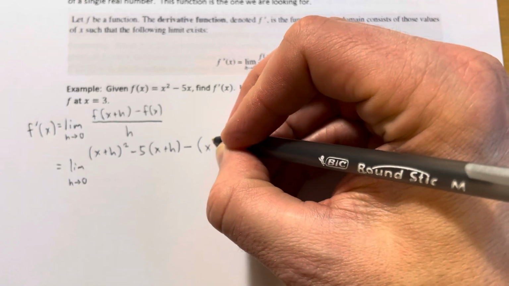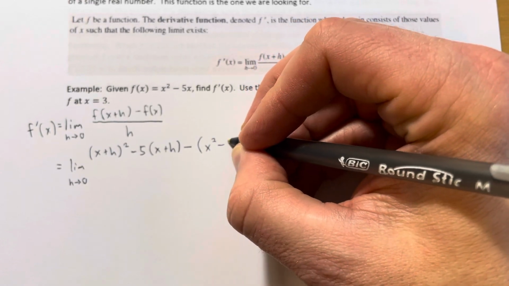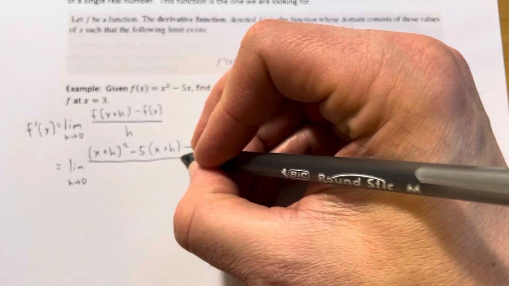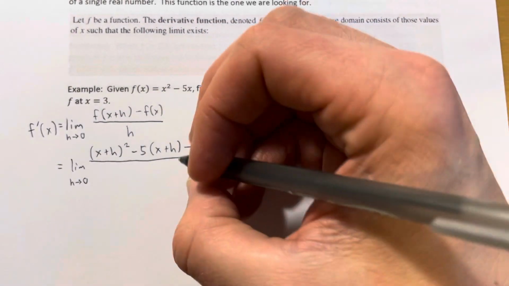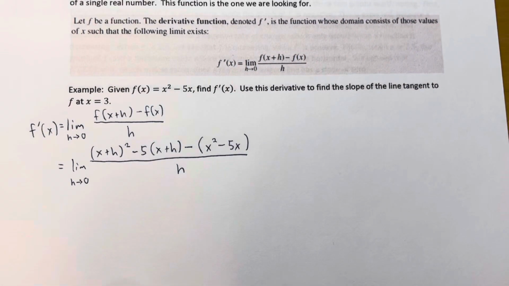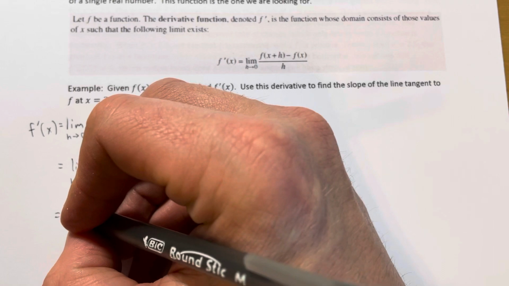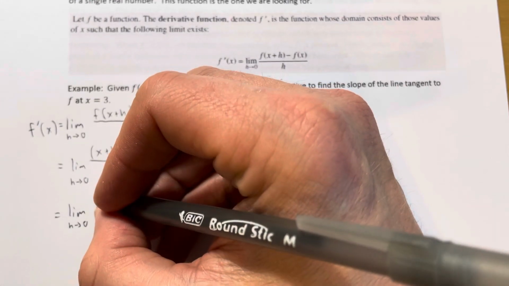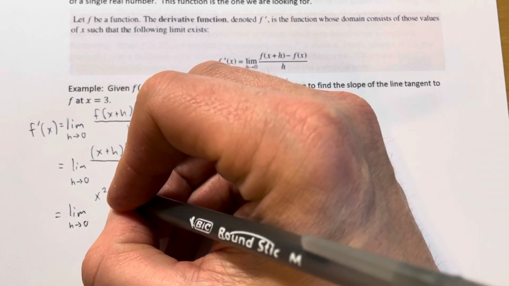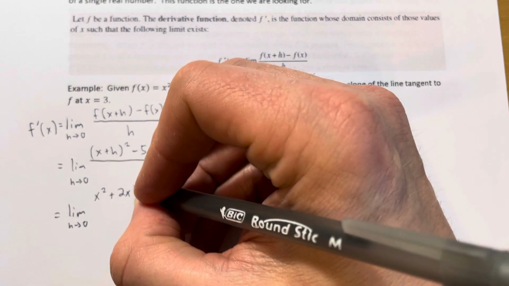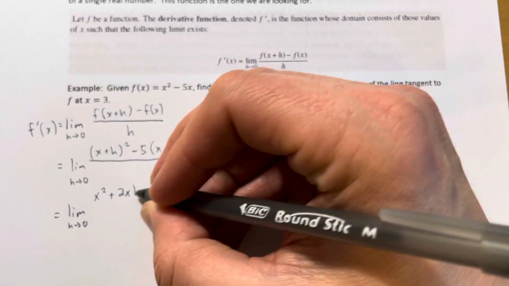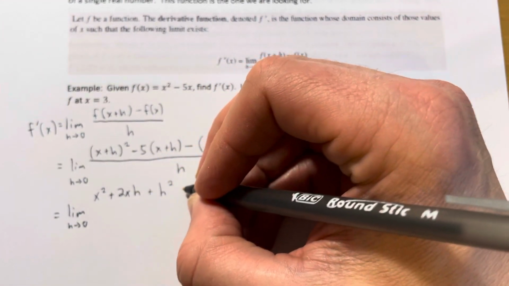So as before, we put that in parentheses to make sure that minus sign is distributing to all of those terms. Okay, now I'm going to expand things out as much as I can. So this process should feel very much the same as what we did in the previous section. The only difference being that I have this x floating around in here instead of a constant. I'd get x squared plus 2xh plus h squared.